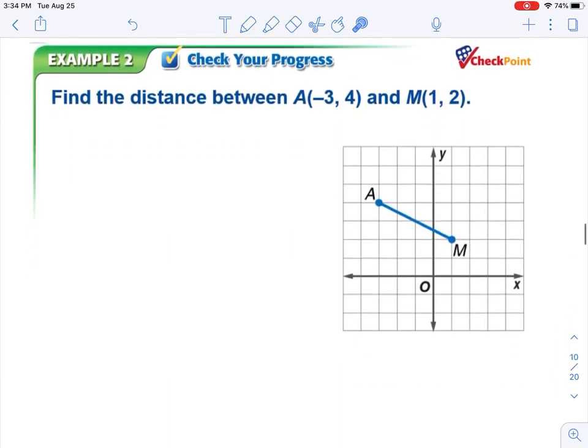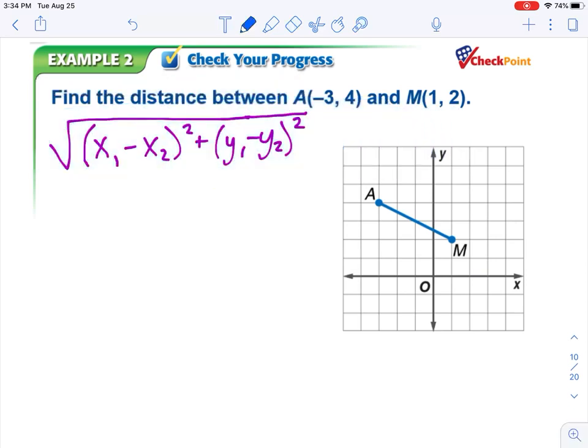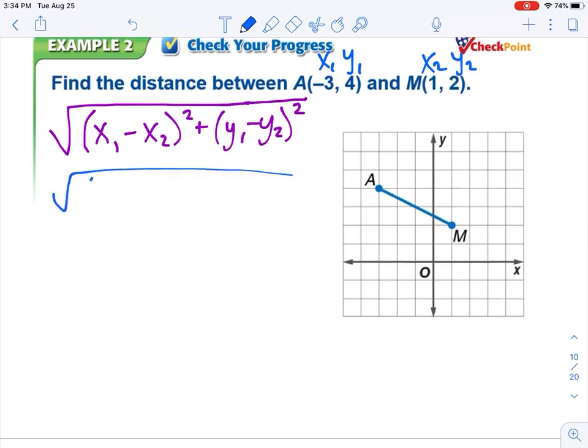Let's try another one. Same thing, we have the distance formula. Paste it in here. I'm going to label my coordinates x1, y1, x2, y2. Replace them. x1 is -3 minus 1 squared plus 4 minus 2 squared.